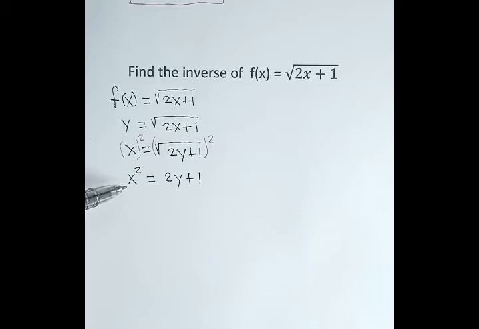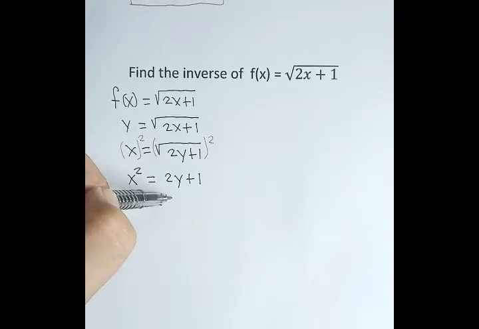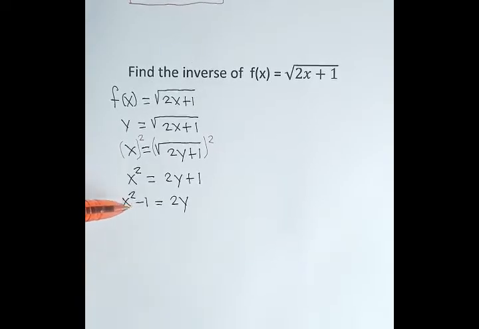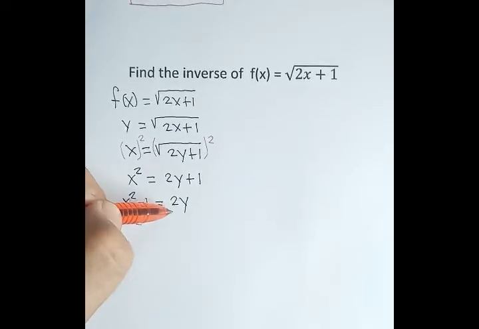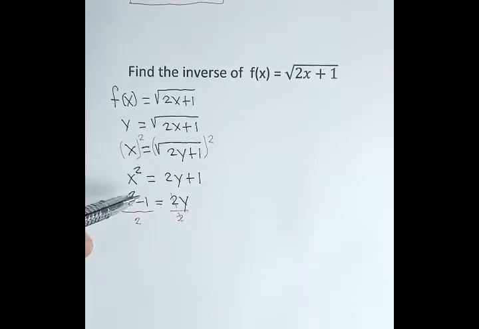Then transpose the 1. So we have x squared minus 1 equals 2y. Then we divide both sides by 2 to cancel out the 2. So the 2 cancels out, and what remains on the right is y. On the left is x squared minus 1 over 2. Then we rearrange. The y variable is on the left and the x variable on the right.